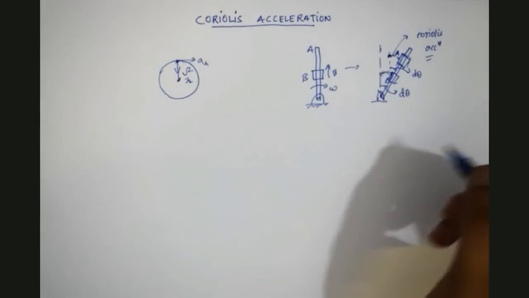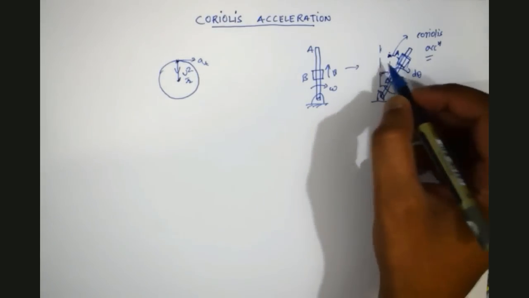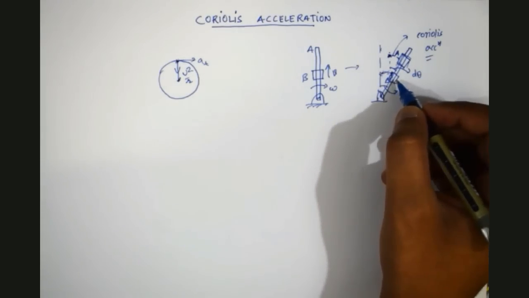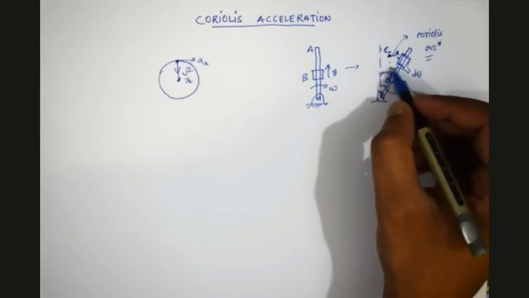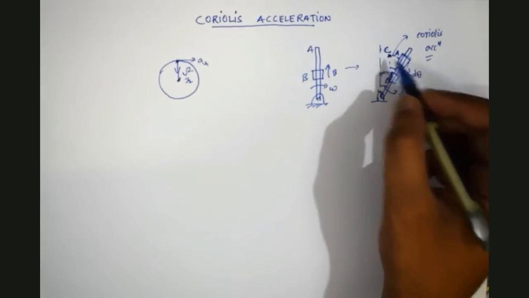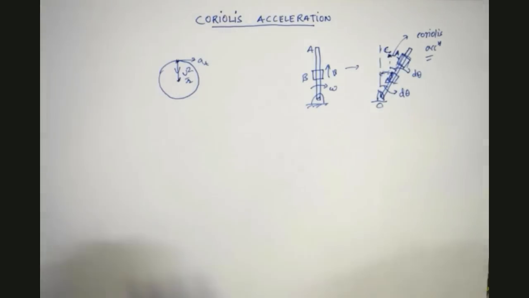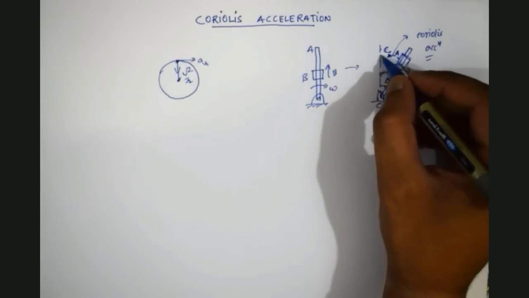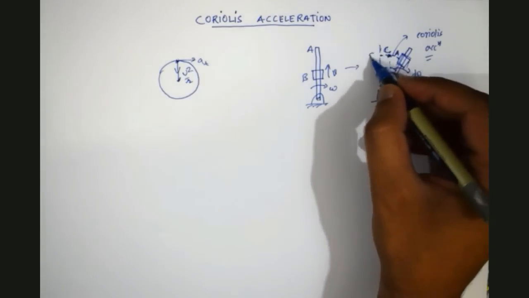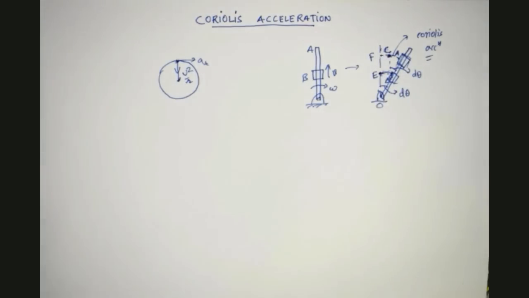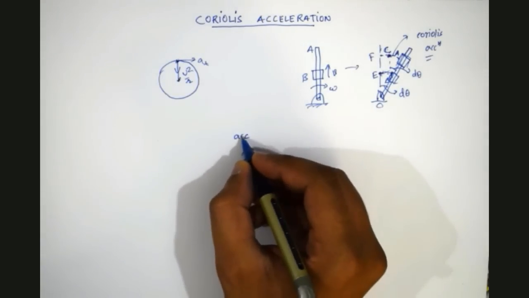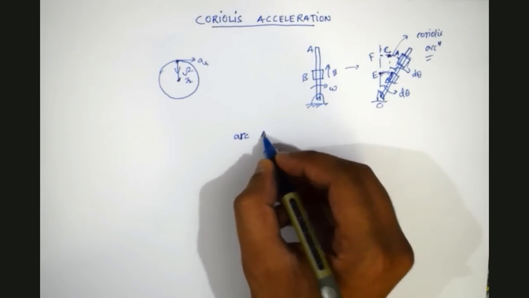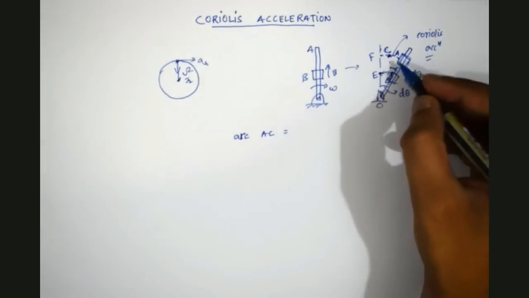Now this is A, this point is B, and this point is C, this is O, and if we take this point as F, this is E. So now here arc AC is given by this distance.